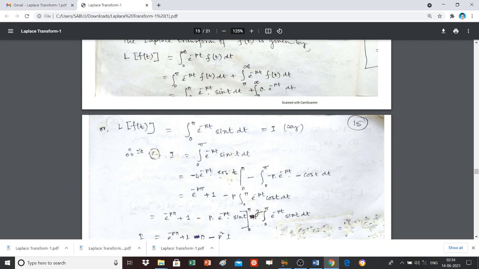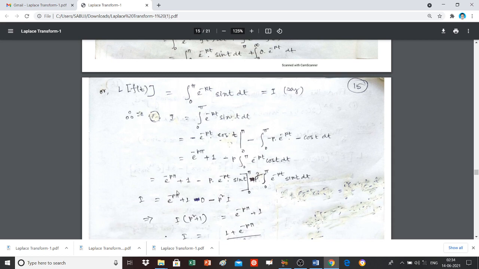Since it is the lower limit, this minus, and for the lower limit another negative sign will come, then that will give you a positive sign, that is plus 1. So using these limits, you have e to the minus p pi plus 1, then minus p is taken here, because there are three negative signs, so the negative sign is there finally. So p is here, the integral from 0 to pi of e to the minus pt cos t dt.